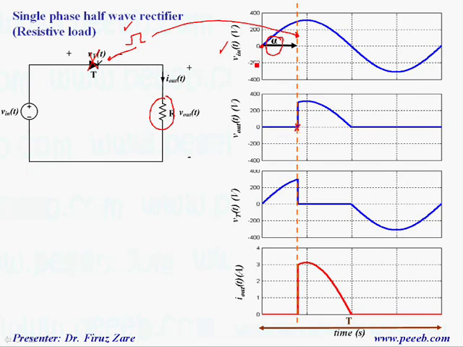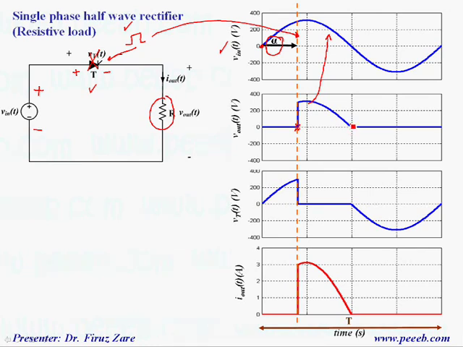Now we can see that just at this firing angle we apply the gate signal, because the voltage across the thyristor is positive, and the reason is that over the first half cycle input voltage is positive. So by applying the gate signal we can turn on this thyristor. From this time we have output voltage equal to input voltage, because input voltage appears across the load.